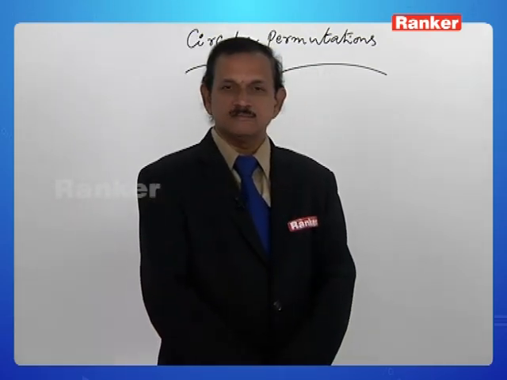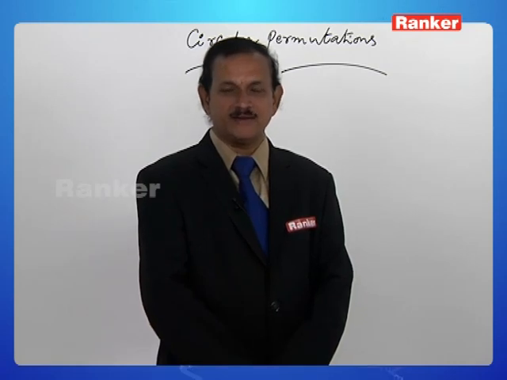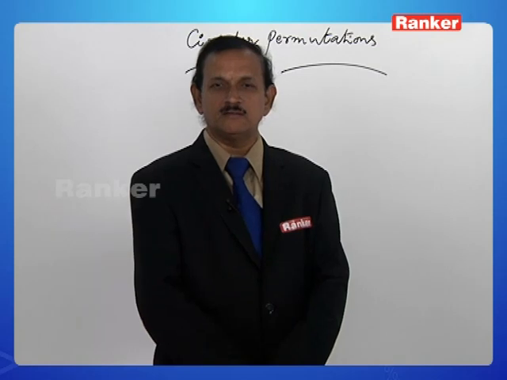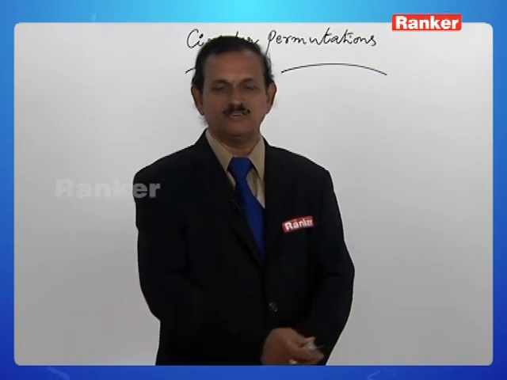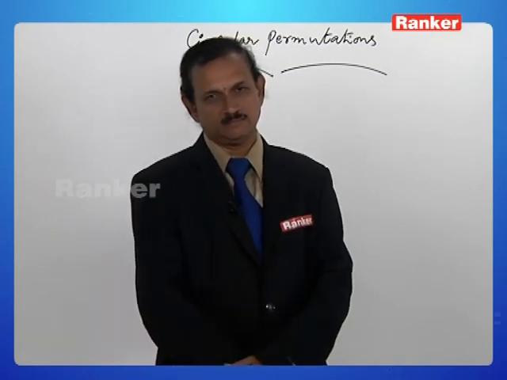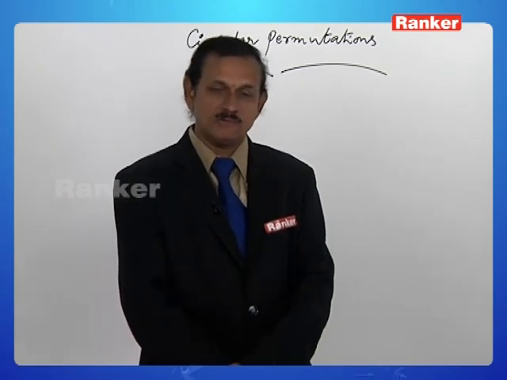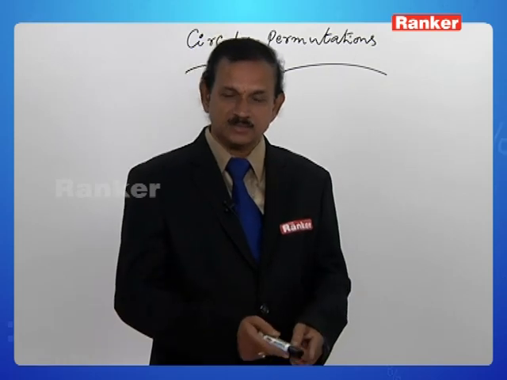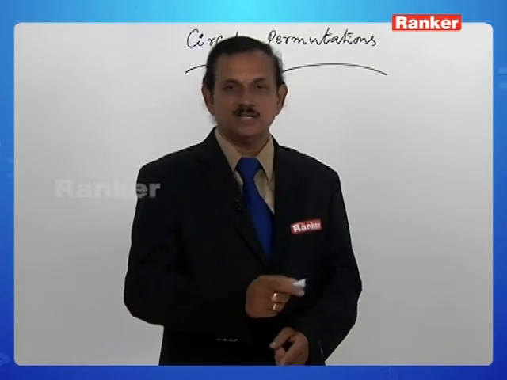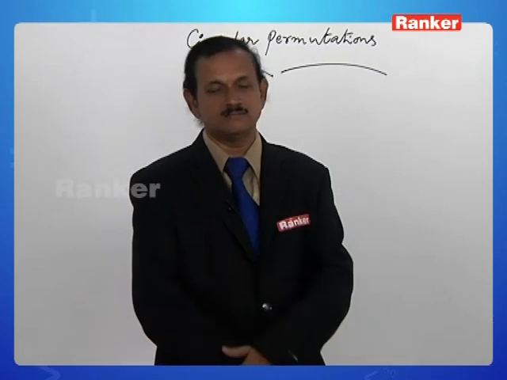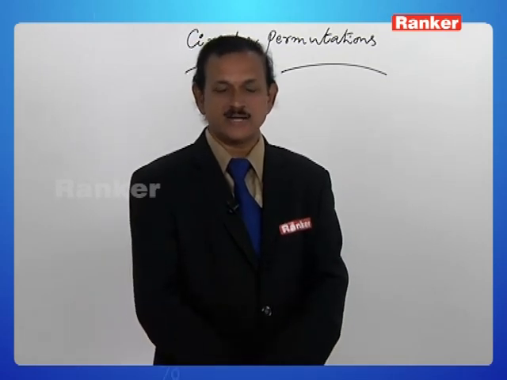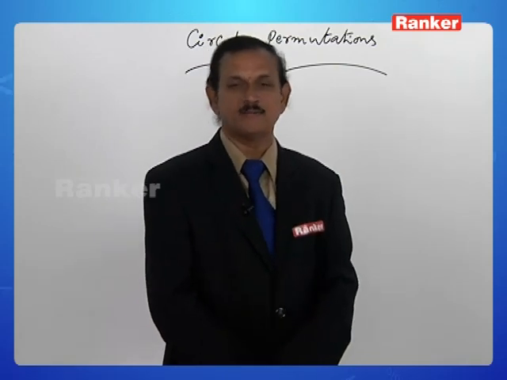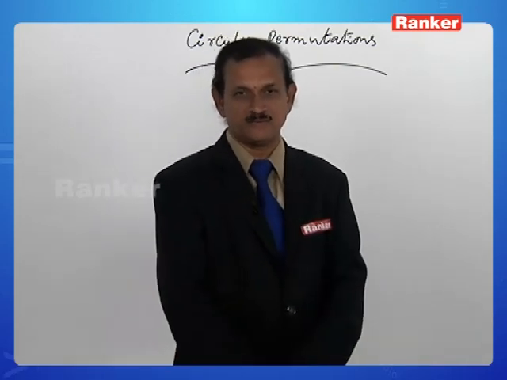If 4 persons are arranged in a row, say A, B, C, D, then we take the arrangement as either A, B, C, D or D, C, B, A. But if those 4 persons are arranged around a circle, then it can be read as A, B, C, D, B, C, D, A, C, D, A, B, like that. Different things may occur. So it is sure to have a separate heading and a separate discussion for circular permutations.